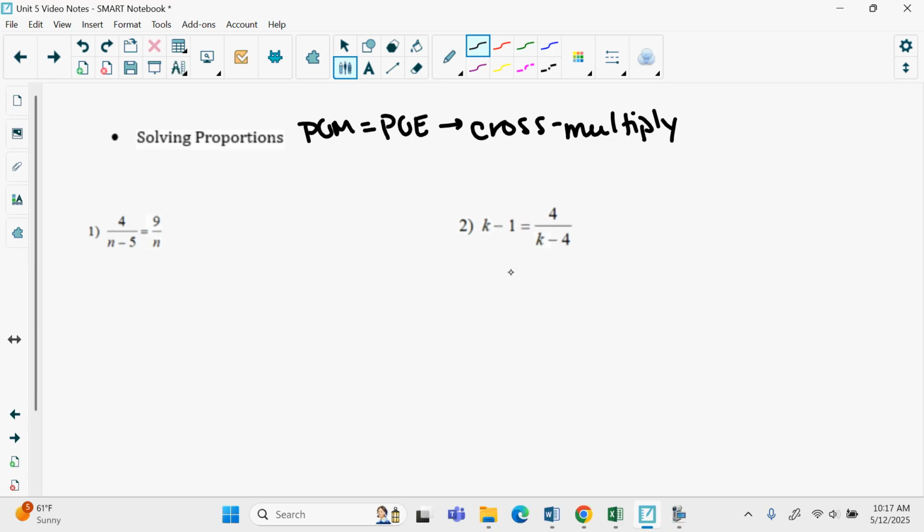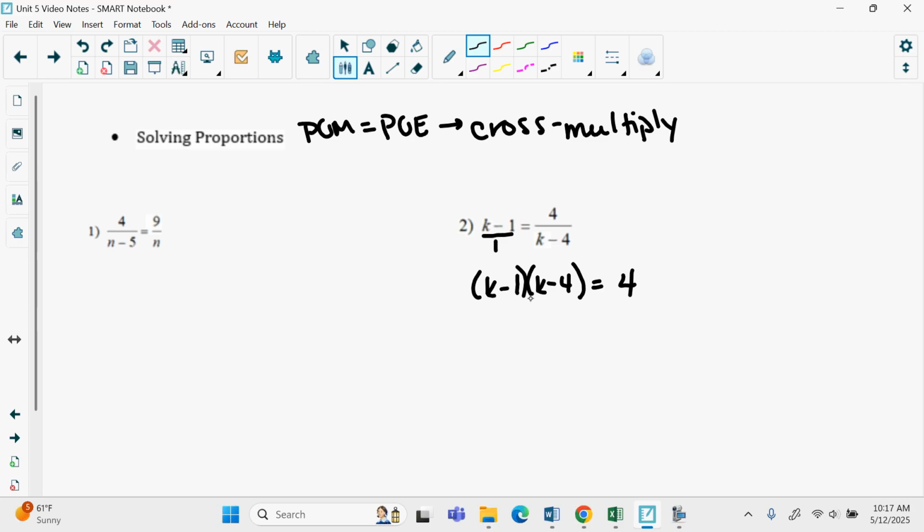First up, you'll notice that it doesn't really look like a proportion because I only have a fraction on one side. I don't have a fraction on the other. Remember that if I only have a fraction on one side, I can rewrite this guy on the left as a fraction by putting it over 1. And now I can go ahead and cross multiply. So I've got k minus 1 times k minus 4 is equal to 1 times 4.